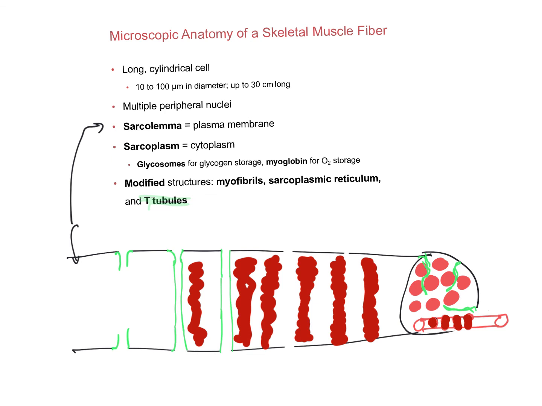Another modified structure is the sarcoplasmic reticulum. What does that sound like? Endoplasmic reticulum. Okay? The sarcoplasmic reticulum is a specialized endoplasmic reticulum, and its job is to store calcium.